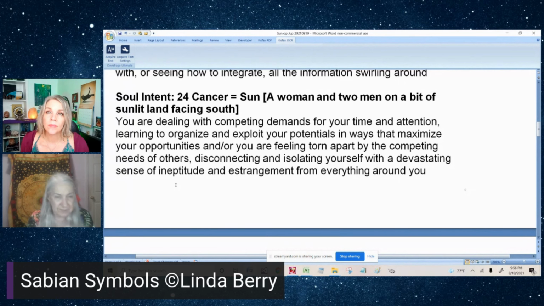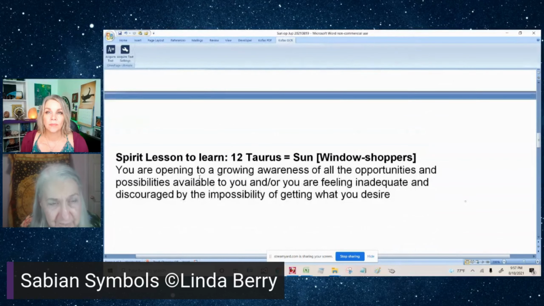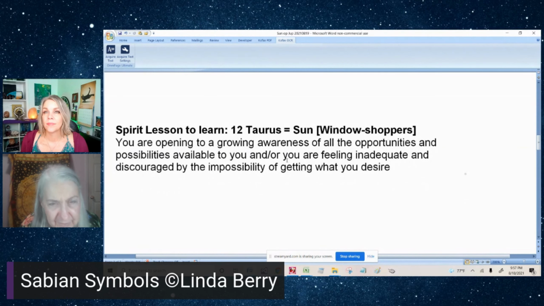You need to realize that this is set in extremes, but you could be any place in between. Some of one and some of the other is what most of us do. And here's the spirit lesson in the same way. The and/or separates the growth expression from the issues that may come up.